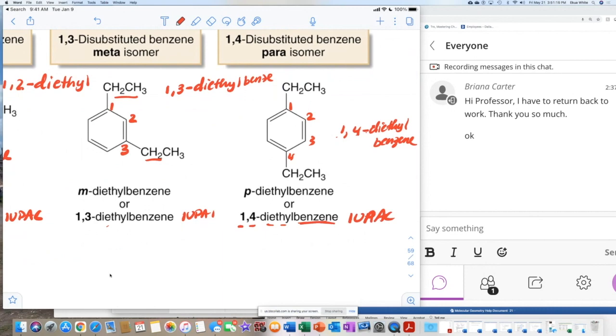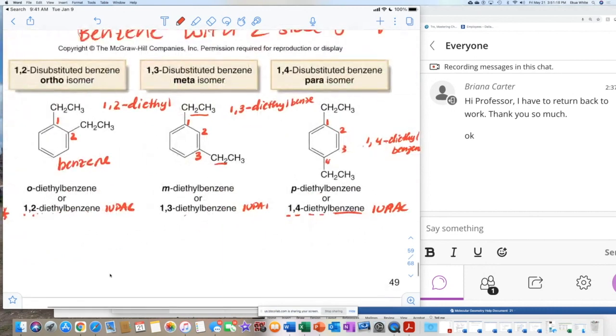Okay. Well, there are common names to refer to these positions. You have ortho, and the ortho name just says you can use O in the place of 1 and 2. So 1 and 2 is ortho. Okay, you see that? 1 and 3 is meta.